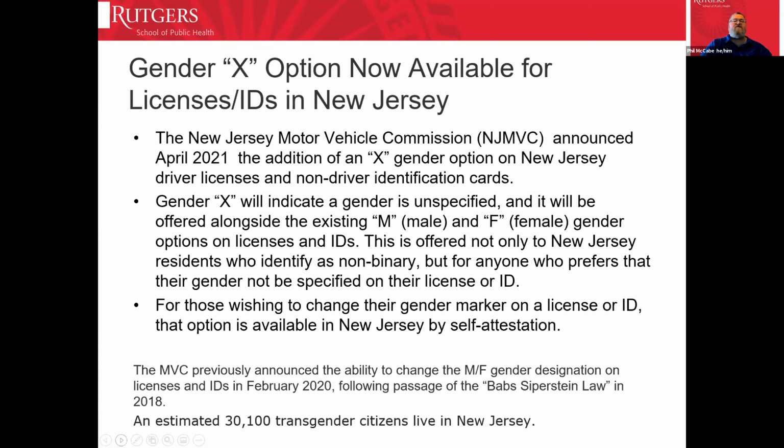How was that determined? It was not determined by the gender that you believe. It was determined by the gender listed on your birth certificate or whatever your documentation was. In New Jersey, a person can request to have their gender identified as unspecified, which is gender X, or as male or female.